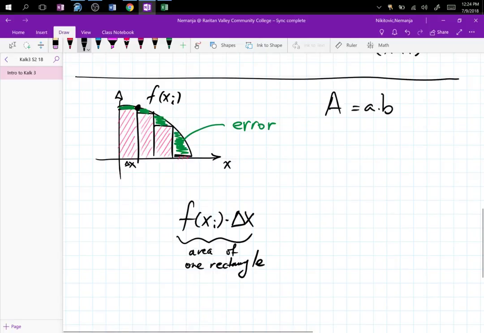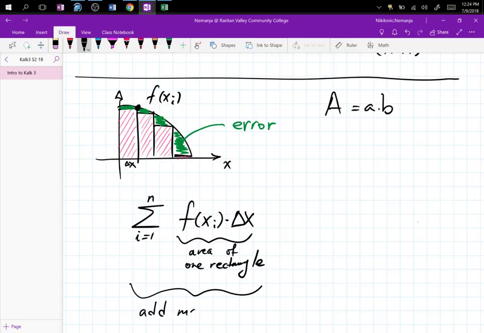But I have many of them. So what I'm going to do is add, i goes from 1 to n, many rectangles. And I know that the more rectangles I have, the better the precision, the less error, right?